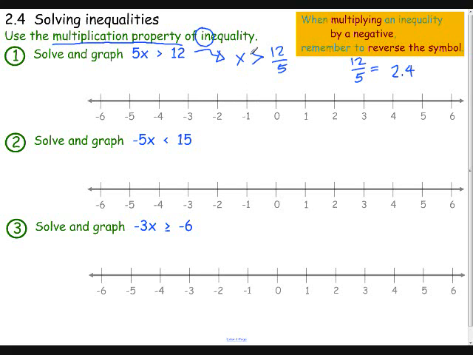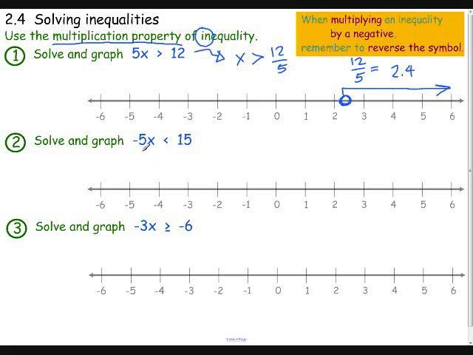So we've got x is greater than 2.4. So we want to mark that boundary. It's right about here. And it's going to be an open dot because there's no equals. And it's greater than. So we've graphed it.